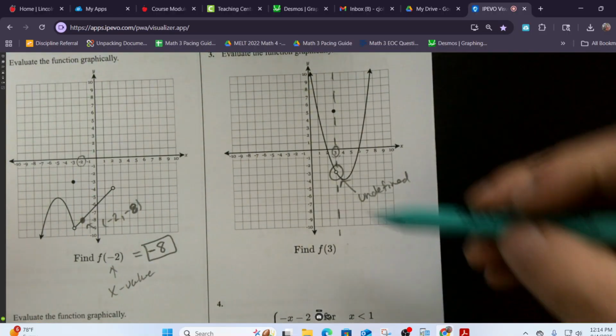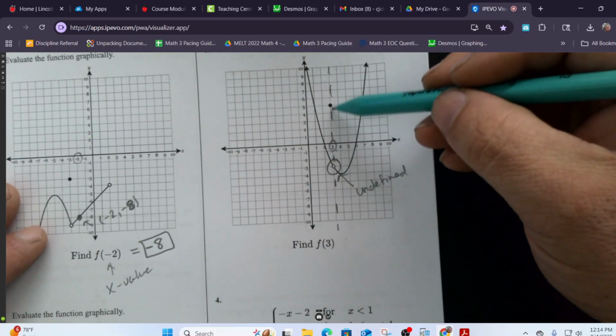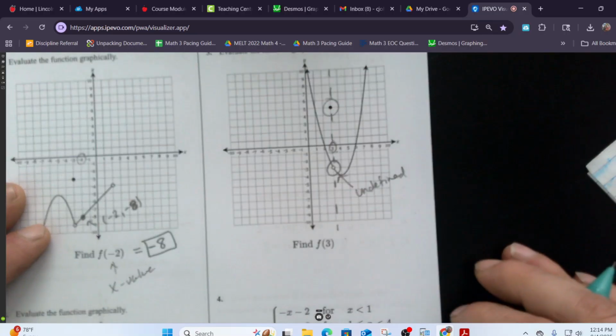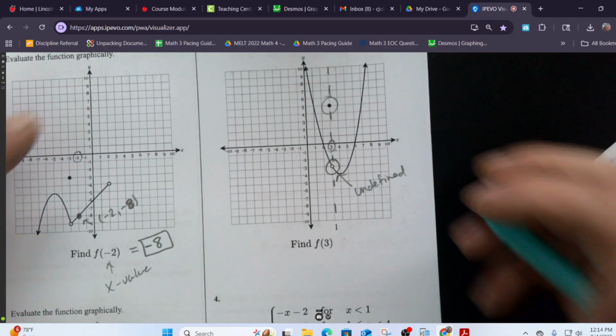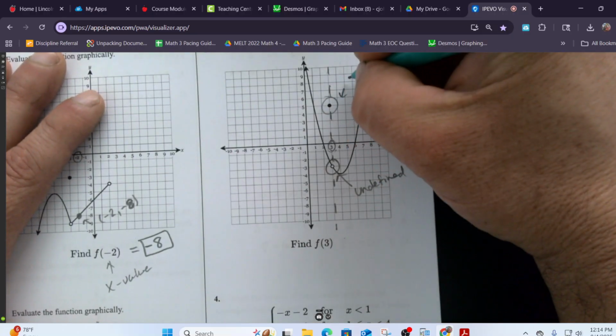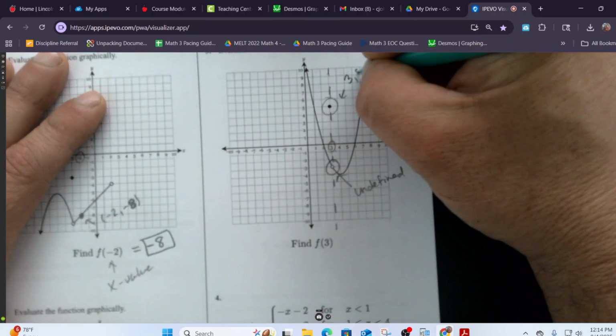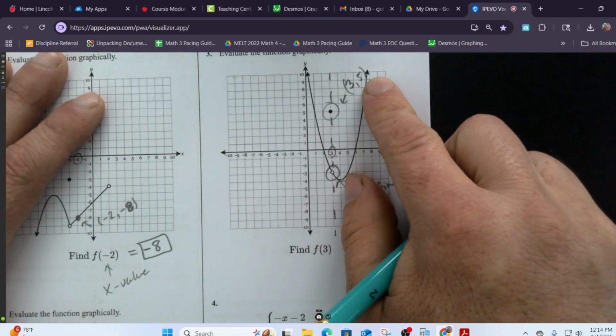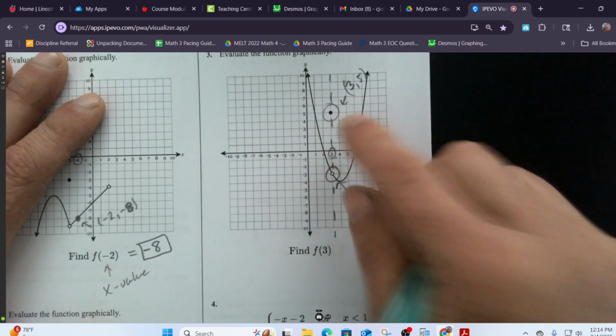Go and see anywhere else on this vertical line that's defined. There it is. There's a closed dot. That coordinate is 3, 5. So the answer there would be 5.